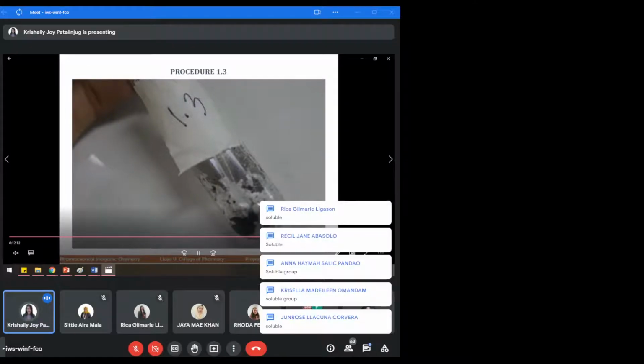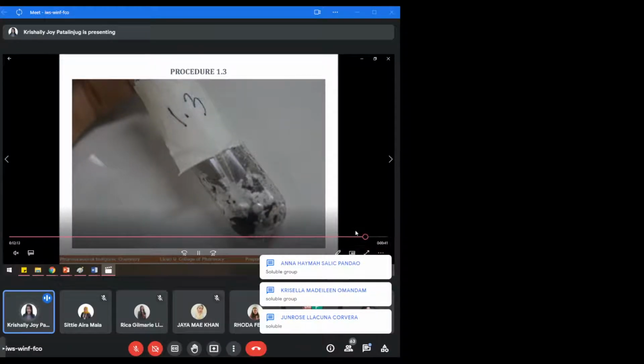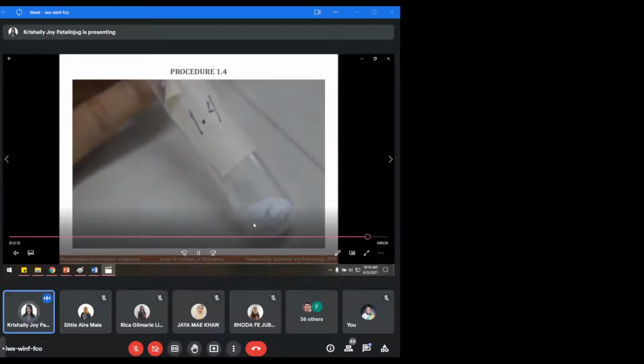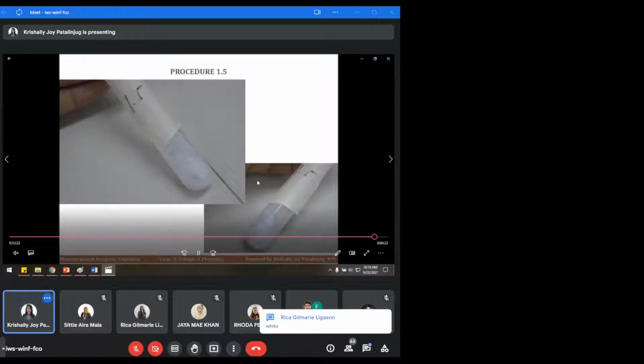Then zinc sulfide, 1.5, kulay white. At yung last, barium carbonate, kulay white din.